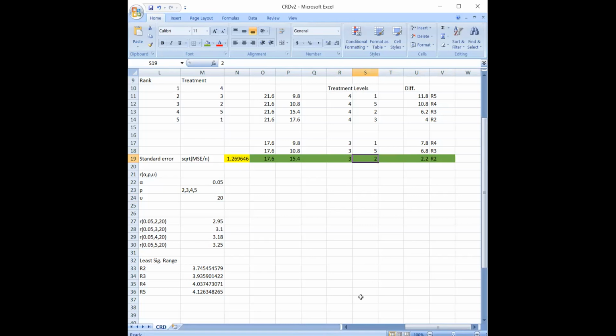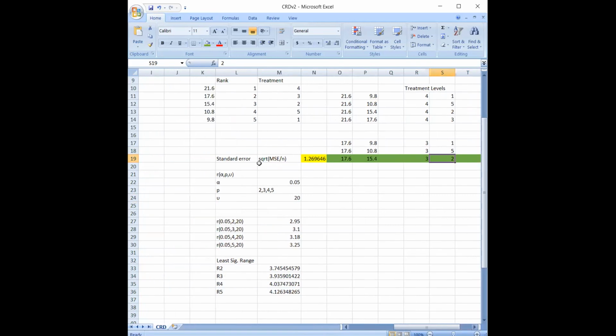Now let's go back to our means. We compared 17.6, and now you can start with 15.4. When you take 15.4, there are two values which are less than that, 9.8 and 10.8.